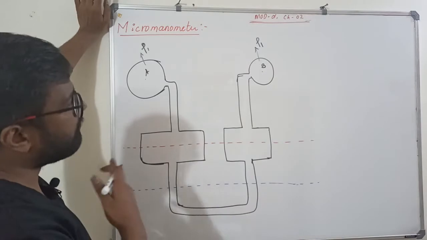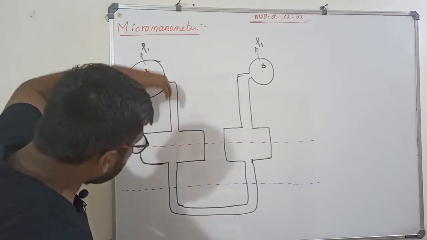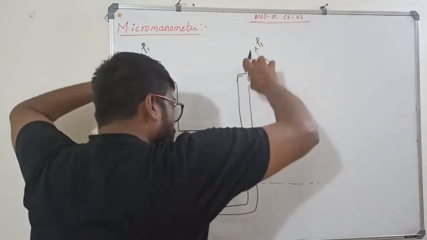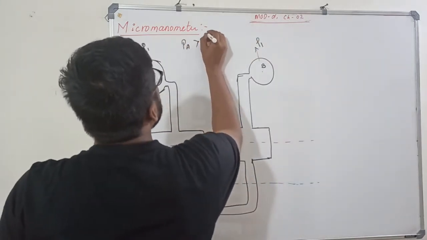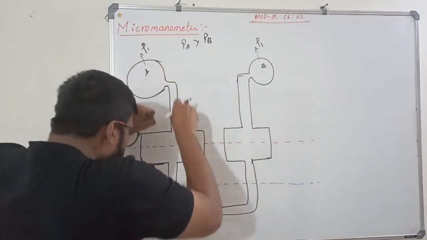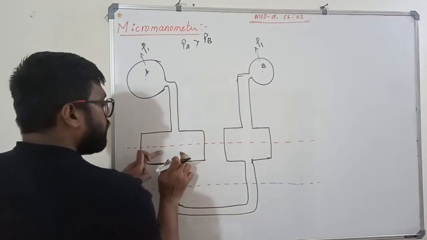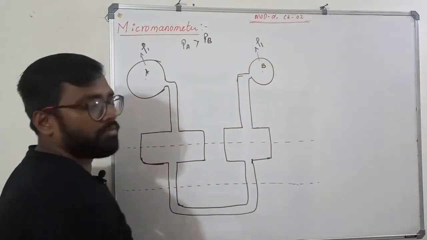I am taking both the pipes with the same fluid. Now this pipe will apply some pressure here, and this pipe also is going to apply some pressure. I am assuming pressure at A is greater than pressure at B, meaning the fluid at A will push the liquid here more than the fluid at B.